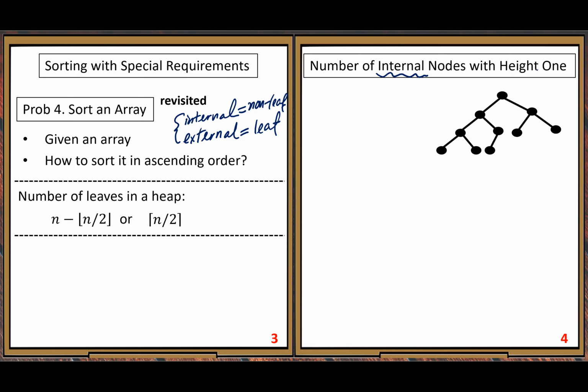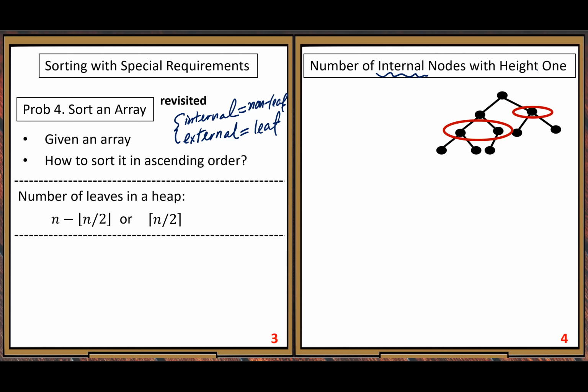Let us find and mark those height 1 nodes. These two have height 1, right? And another one also has height 1. So from this example, we have 3 nodes with height 1.